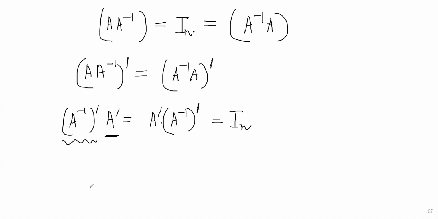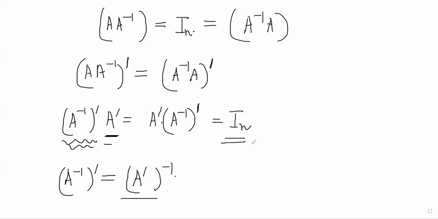A inverse transpose should be the inverse of A transpose. Why? Because the product of these two is equal to identity, so it has to be the inverse. That is the proof of the original statement. We started from here and have gotten here.